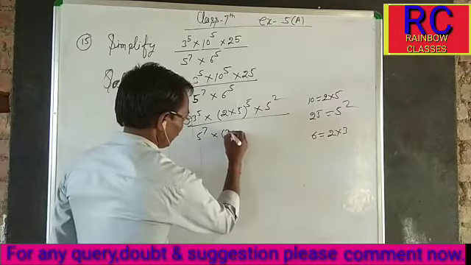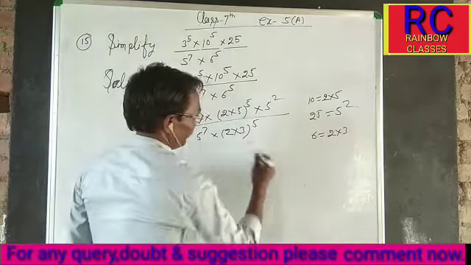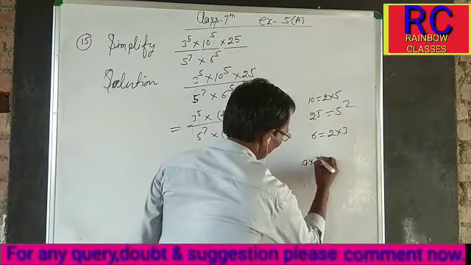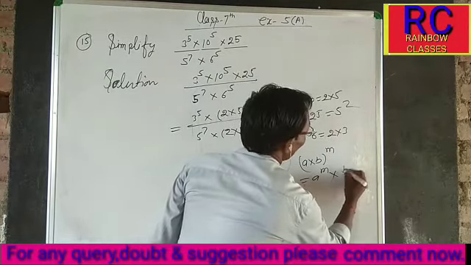And 2 into 3 to the power 5, with a into b to the power m equal to a to the power m into b to the power m.